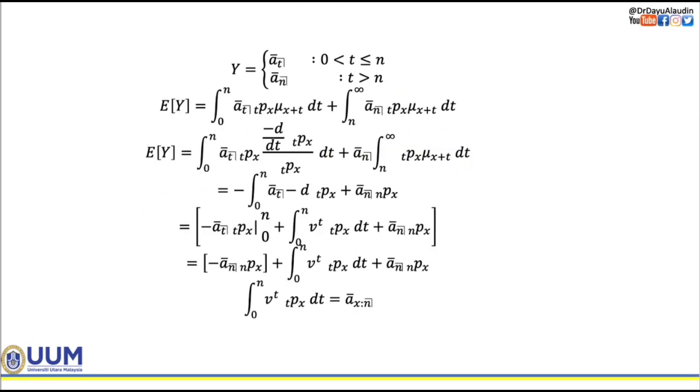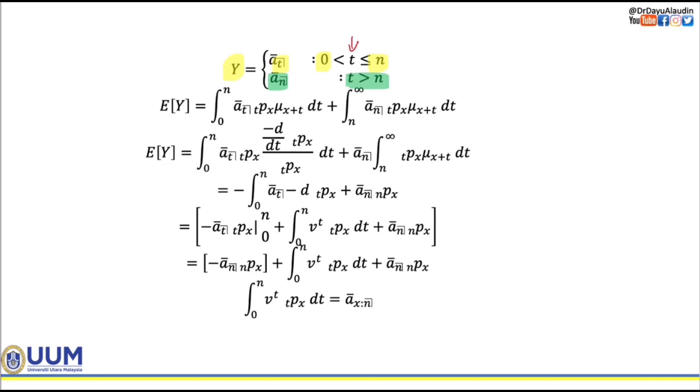We use variable Z for life insurance, and for annuity we use Y. So if the time of death happens between 0 and N, the annuity will be paid until T years. If the death happens after N years, the annuity will be paid until N years.